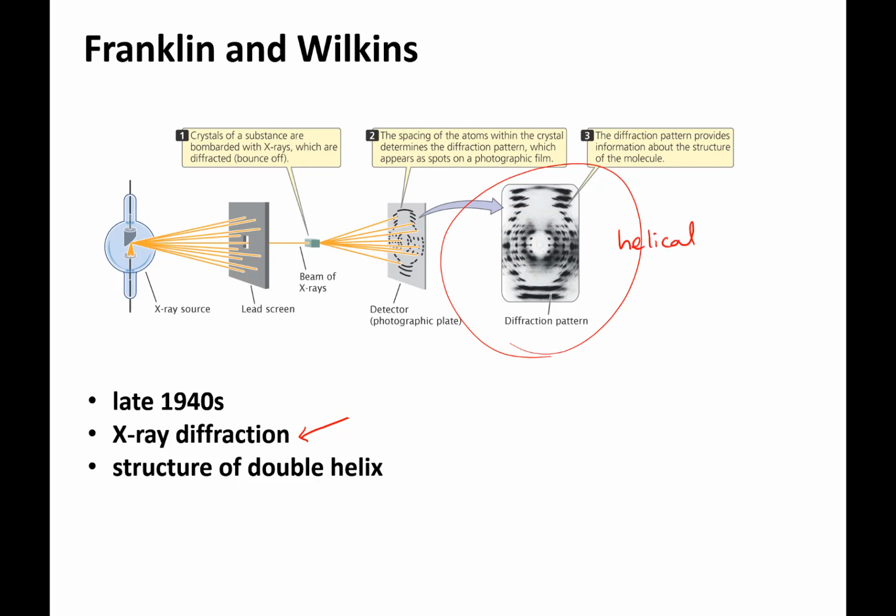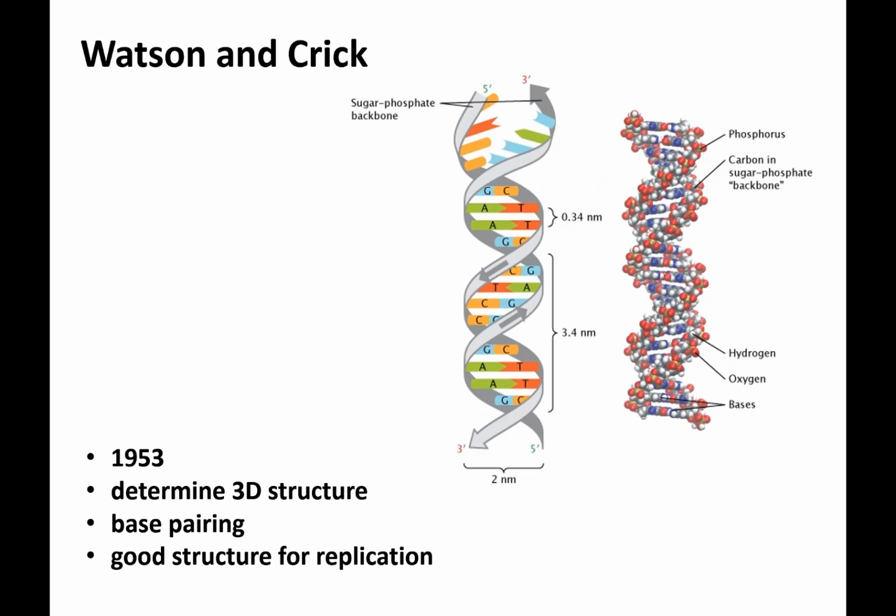So they didn't know the structure yet, but this information gave them some size information. It said that this was a helical molecule, and from that, Watson and Crick took this information and put together, with kind of a Tinker Toy set, the 3D structure of DNA.